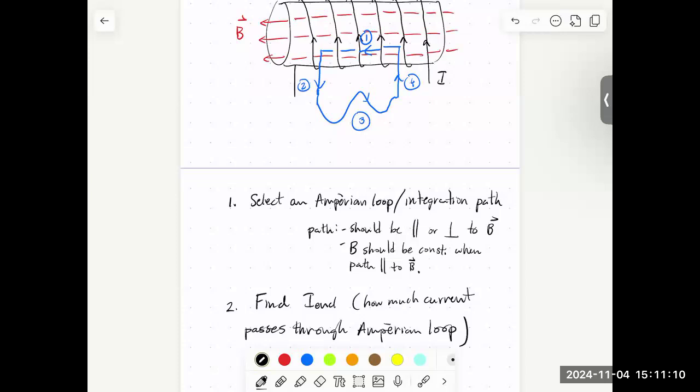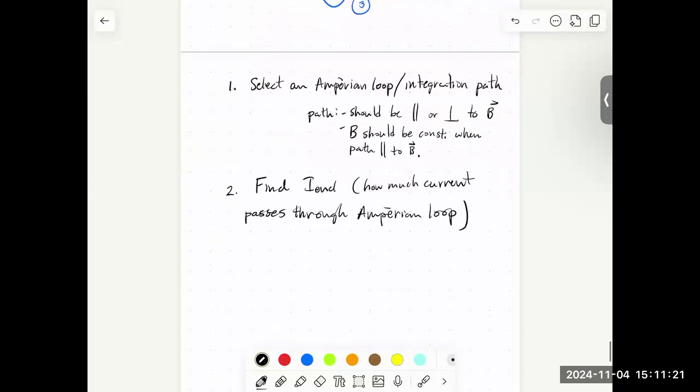In general, if I had a really tightly wound coil, then I would have a whole bunch of those loops going through my blue path. And so I would in general have n loops of the solenoid coil pass through the loop.